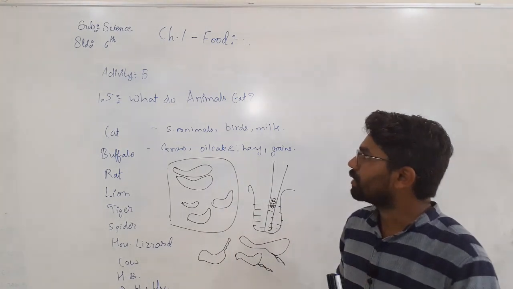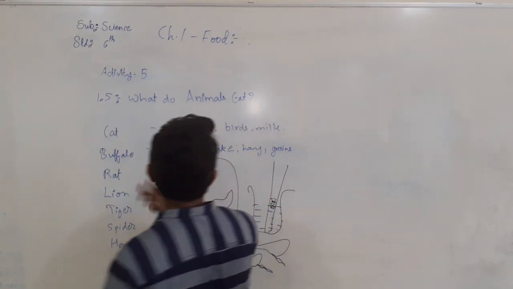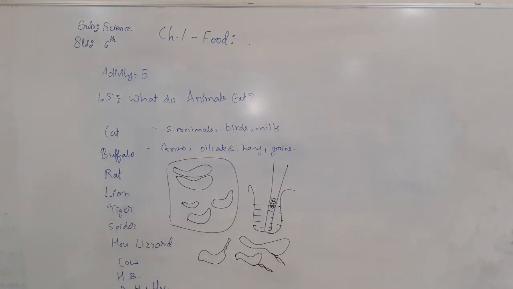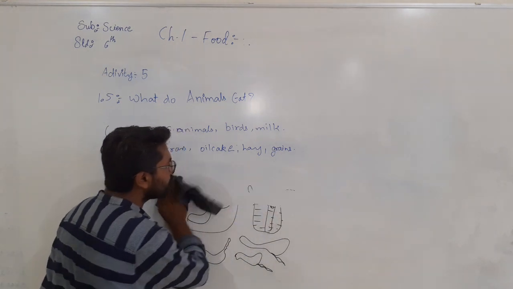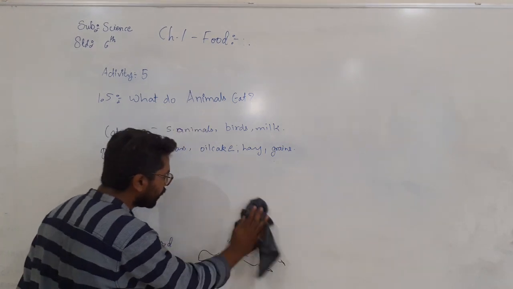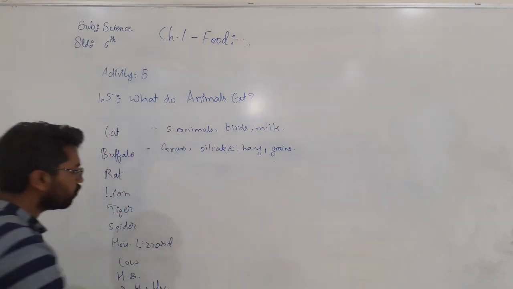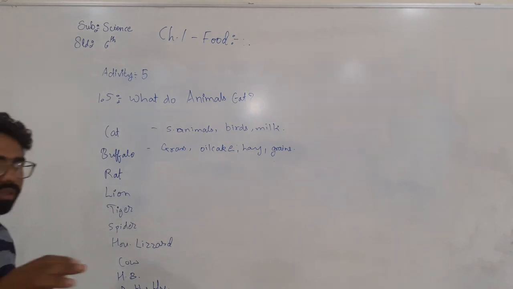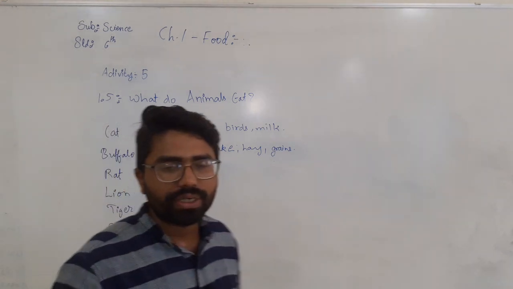Now the next one is 1.5, what do animals eat? That we have to discuss here. We know that all the animals, birds, human beings are eating different types of food. Some of the animals have the same type of food.